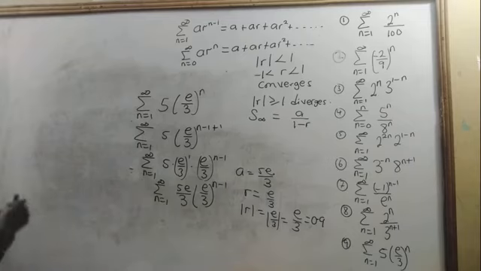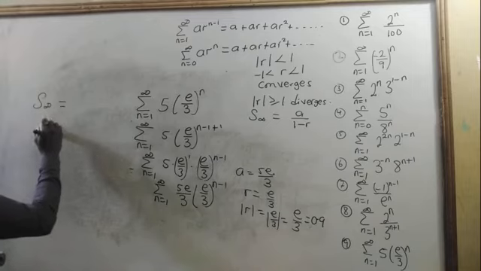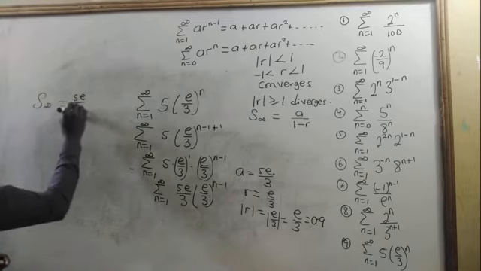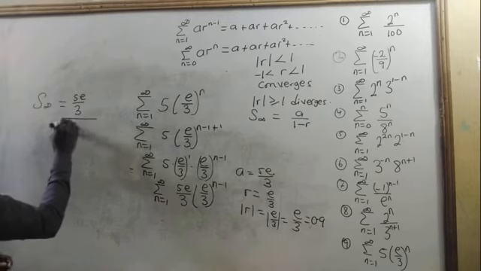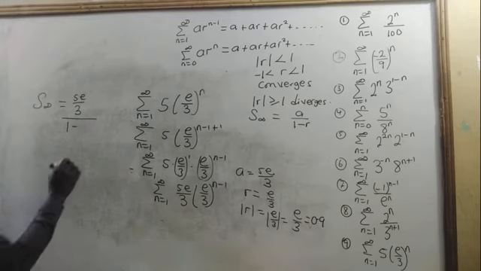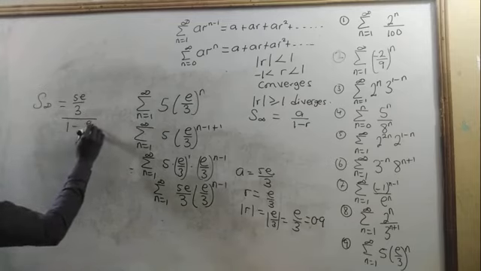So the sum up to infinity is equal to a, that is 5e on 3, divided by 1 minus r, where r is the common ratio, and the common ratio is e on 3.